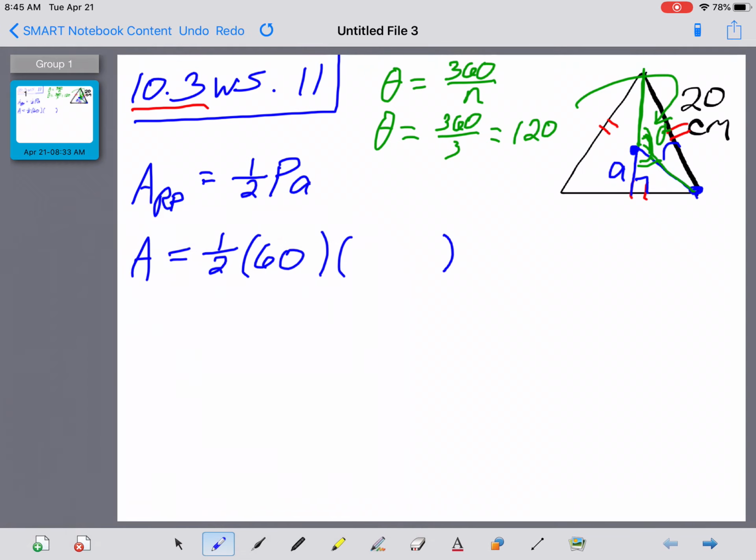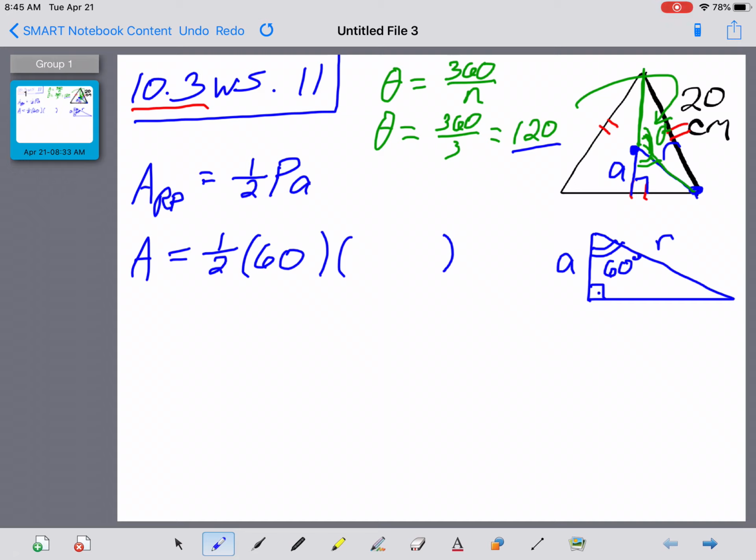Let me redraw this little triangle right down on the bottom. It kind of looks something like this, where this was our apothem, here was the right angle, and this was the radius. And if we're talking about this angle right over here, that angle is always going to be half of the 120 degree central angle that we came up with. So that's going to be a 60 degree angle every time we're dealing with a triangle.